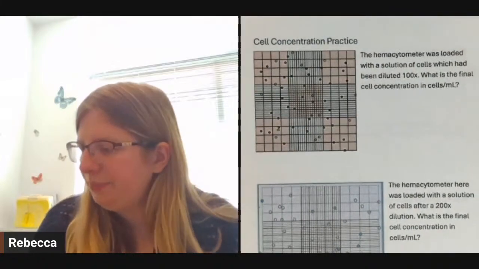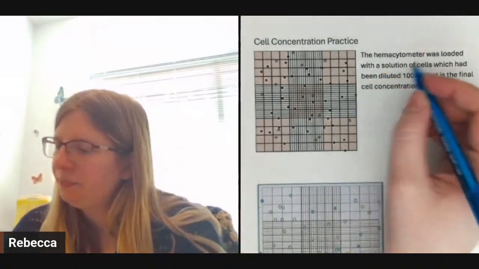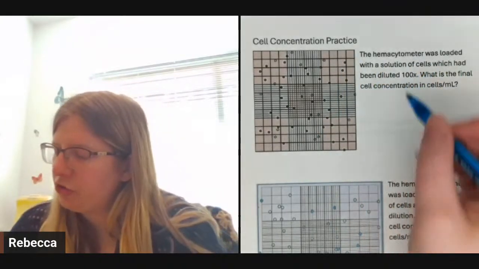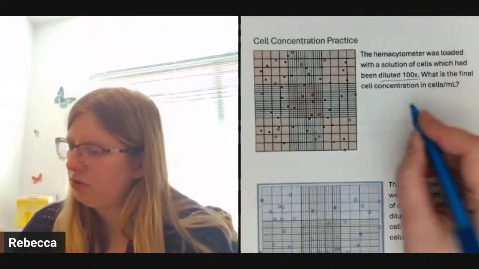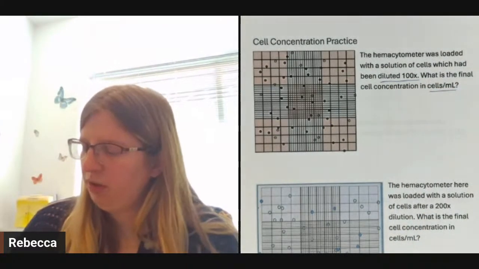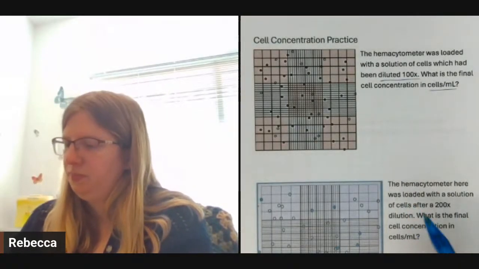So this is a problem of cell concentration. We know we're looking at cell concentration. You see here, the hemocytometer was loaded with a solution of cells, which has been diluted 100 times. And then what is the final cell concentration in cells per milliliter? So we know we are looking at this cell concentration equation.